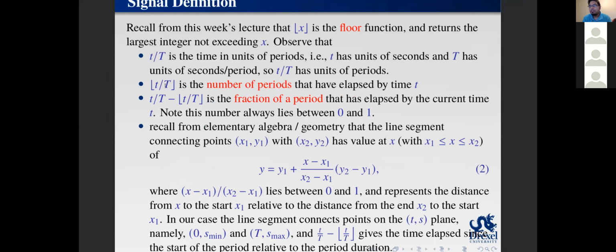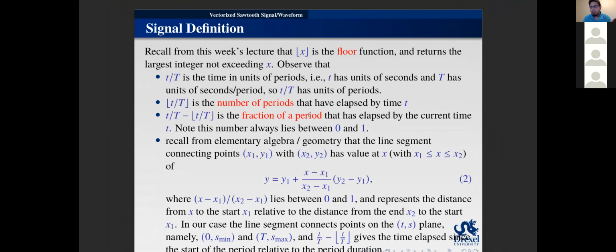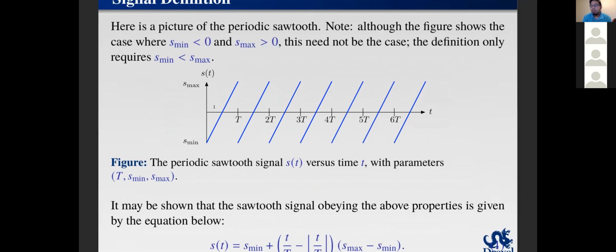The floor of t over T is the number of periods that have elapsed by time t. What does that mean? We understand that small t over capital T is the amount of time elapsed since we started moving away from the minimum signal value.